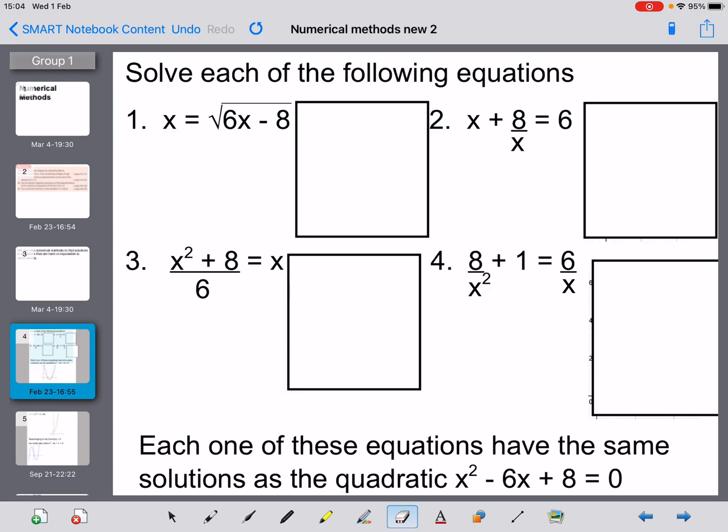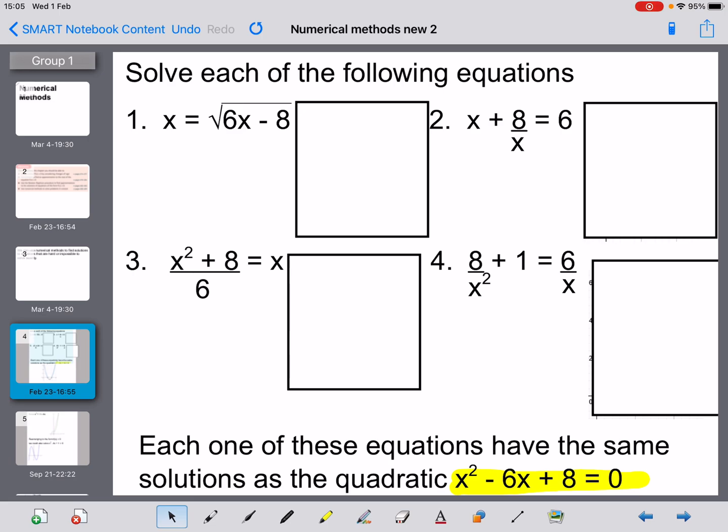The second one, you will have had to multiply everything by x and then rearrange to get your quadratic, and so on. You've used your skills in rearranging to solve that. Ultimately you ended up working out where that quadratic crossed the x-axis.